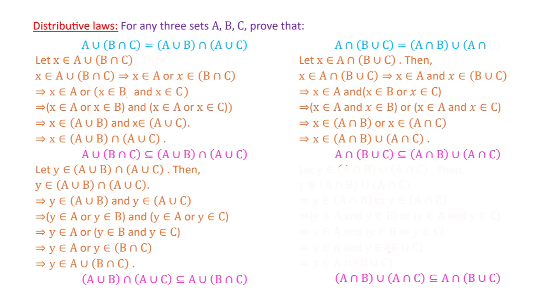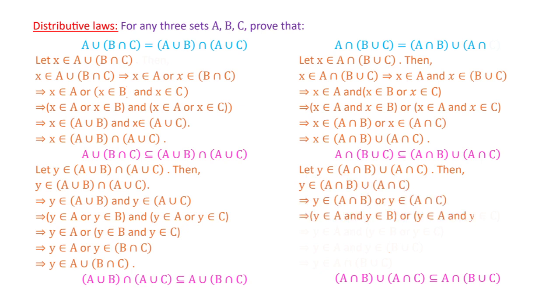Similar is the proof for this next part. We consider Y belonging to the set on the left hand side, and then we use the properties to prove that the element Y is present in the set on the right hand side.